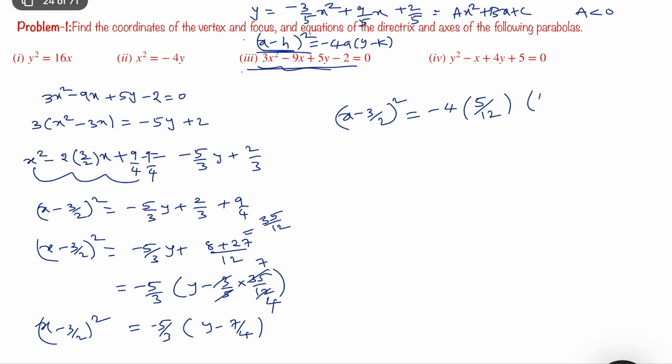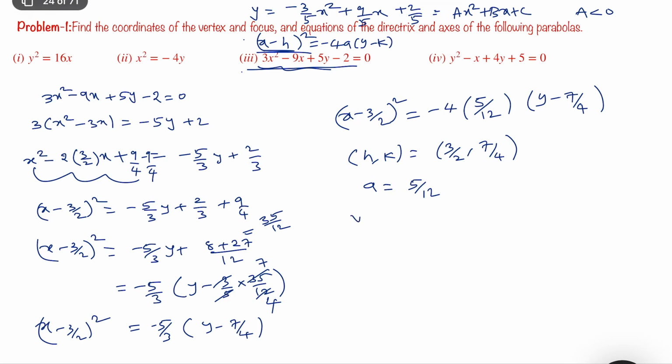Now y minus 7 by 4. Now here the choice of h comma k is 3 by 2 comma 7 by 4. So h is 3 by 2, k is 7 by 4, and the choice of a is going to be 5 by 12. Okay, now we can answer the vertex.